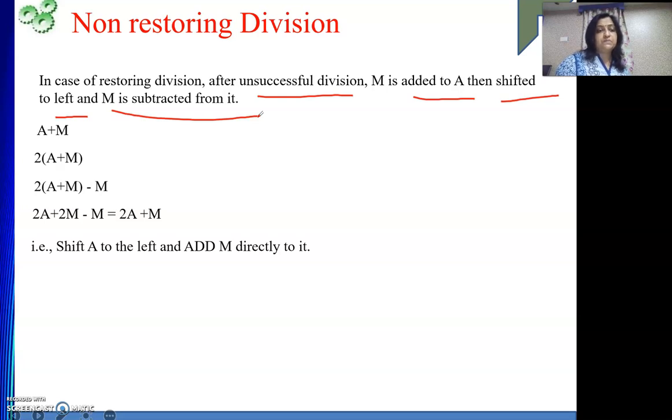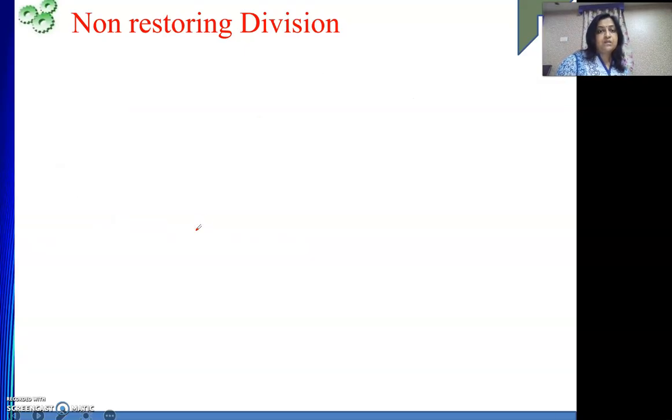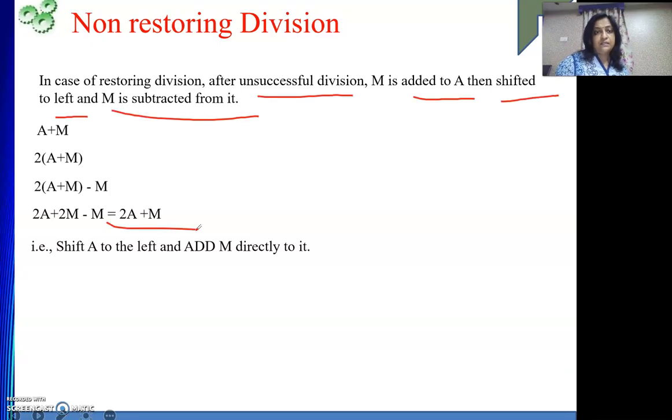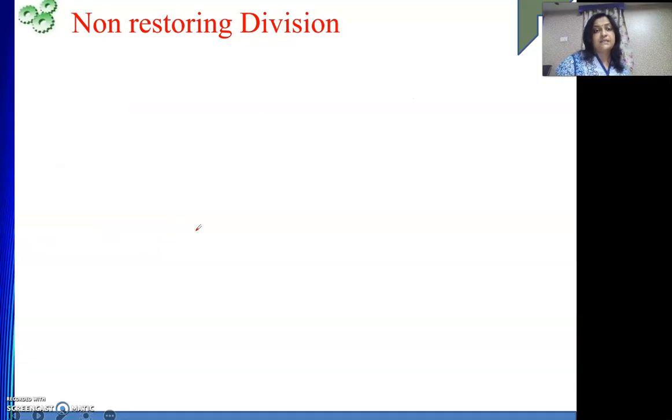No need to perform addition, then subtraction, then the repetition. Directly we will do twice A plus M. So that add M back to A part is not there after a subtraction operation. That part we are going to remove, so it will take less time.